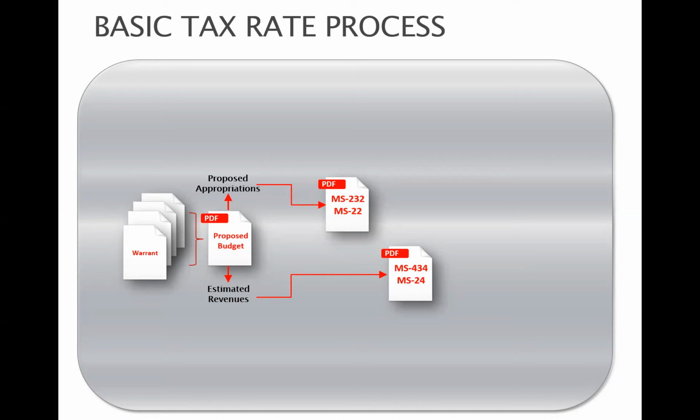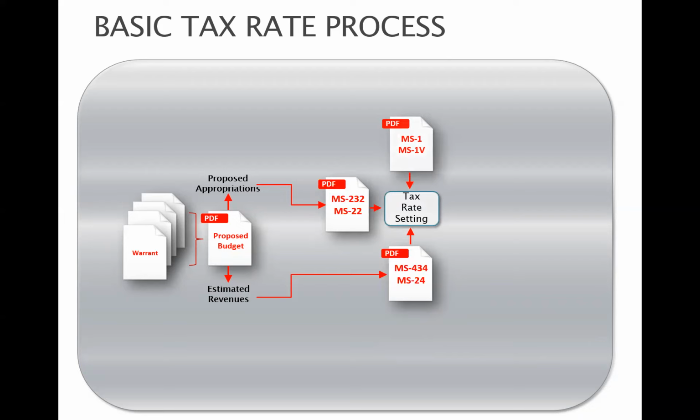And prior to the submission of this, you have the opportunity to make revisions and changes as necessary. The tax rate itself is calculated from the difference between your voted appropriations and your revised estimated revenues. We incorporate the MS1 or 1V, the valuation report, into this, and from that, you get your tax rates.